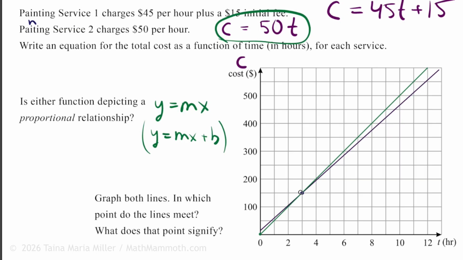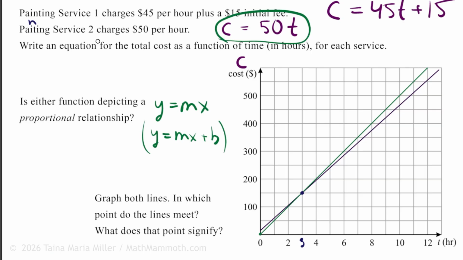What does that point signify now in real life, so to speak? It is the point of 3 hours, right? And $150. So painting service 2, for 3 hours of work, you pay 3 times 50, 150.